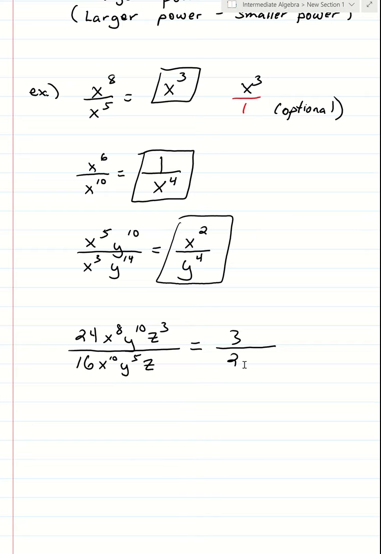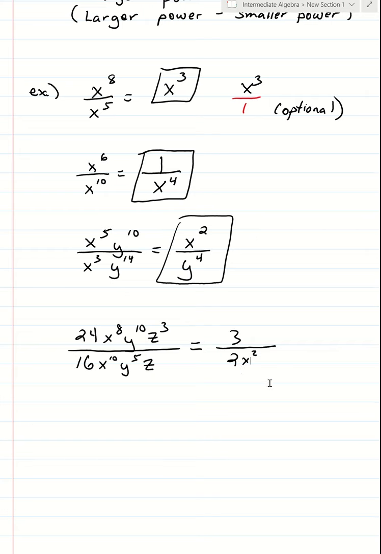So 24/16 is the same thing as 3/2. Next, let's do the variables. Once again, I like to do them alphabetically. So I start with x, and x is going to remain in the denominator because the larger power is 10. And then when we subtract, 10 take away 8 leaves us with an exponent of 2.